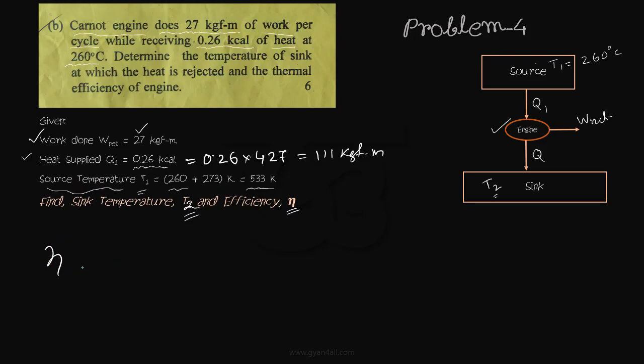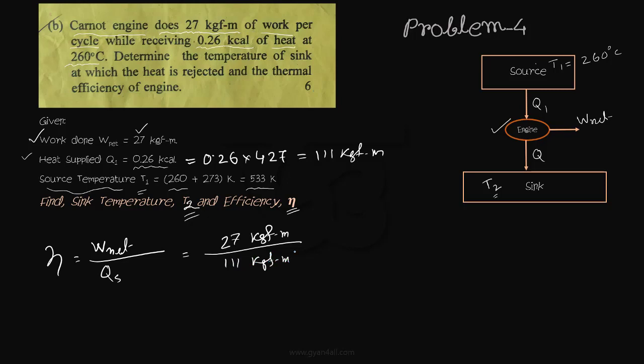So the efficiency of the Carnot engine is equal to W net, that means work output, divided by Qs, that is heat input. Since we have converted to the same unit, W net is equal to 27 kg force meter, and Qs, heat supplied in the same unit, is equal to 111 kg force meter.